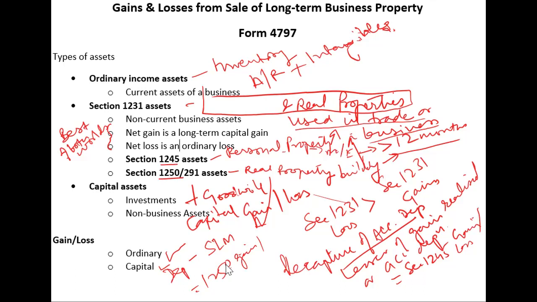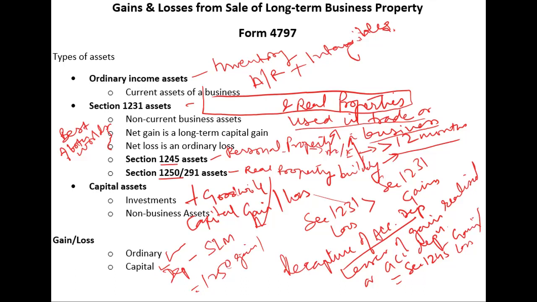Any section 1245 or 1250 loss is considered a section 1231 loss, that is an ordinary loss. So there is no condition for loss, just a condition for gain. Whatever unrecaptured gain there is in section 1250 assets, to the extent of straight line depreciation, is taxed at a maximum rate of 25% for individuals.